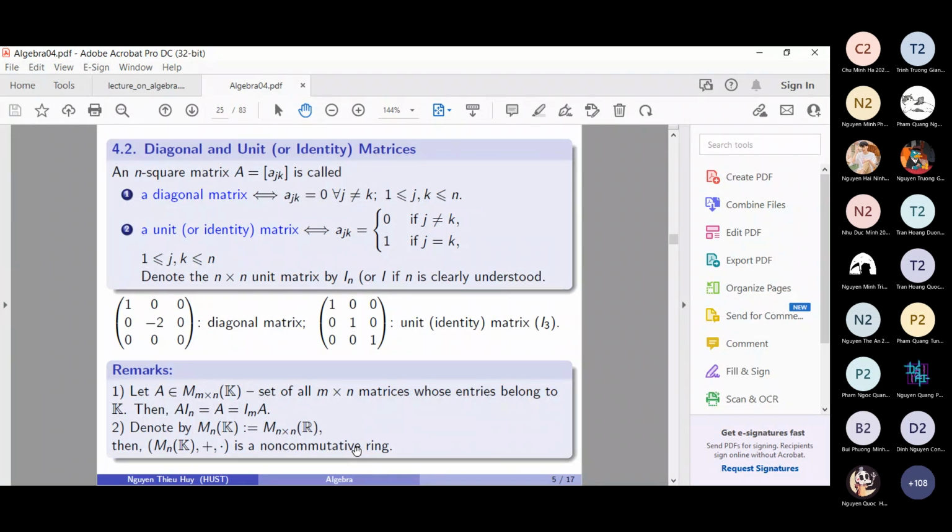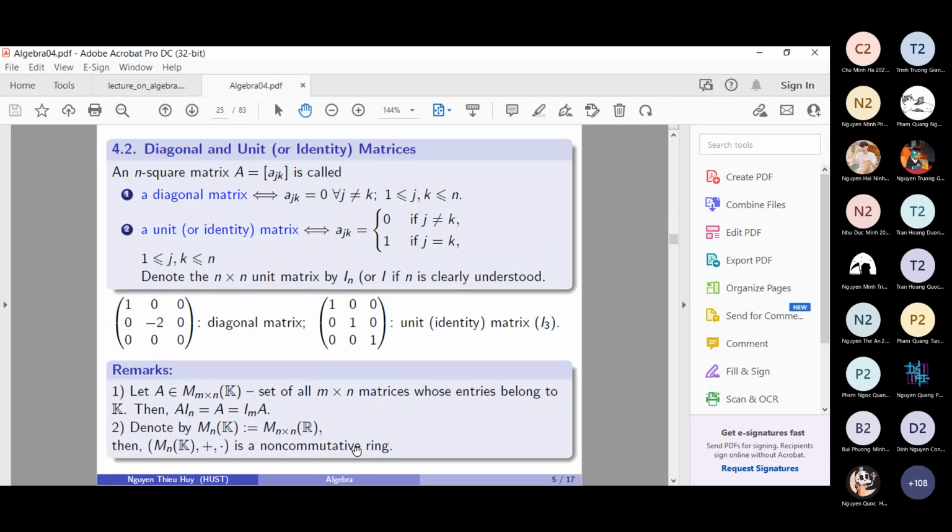Again, you see that we do not have a good operation for multiplication, but it is good enough, because it forms the structure of a ring. So we can compute the same as in the set of real numbers or integers, because the set of integers is also a ring.